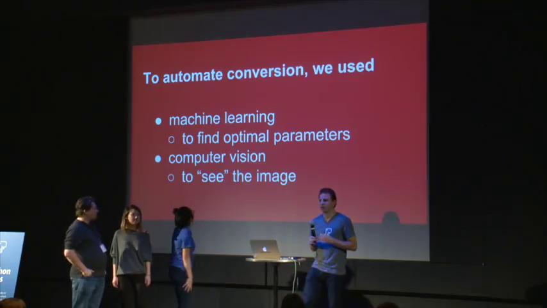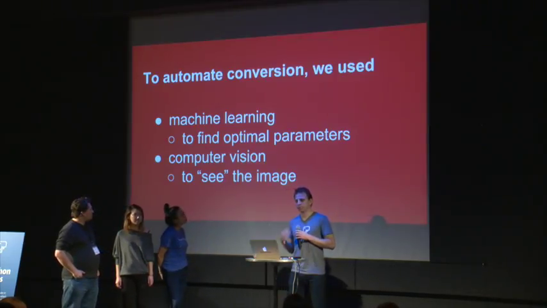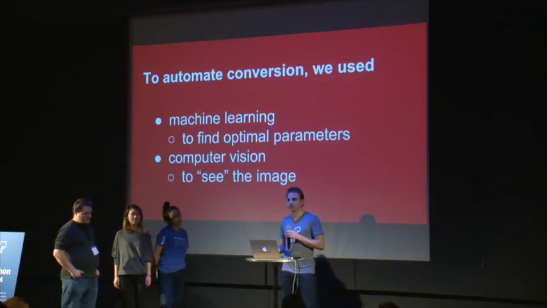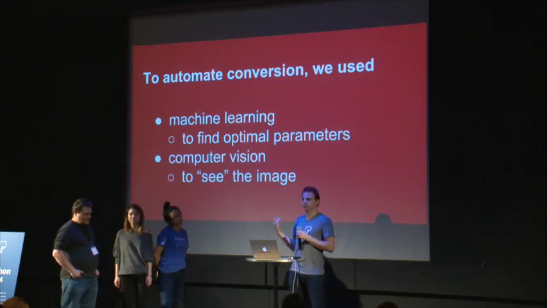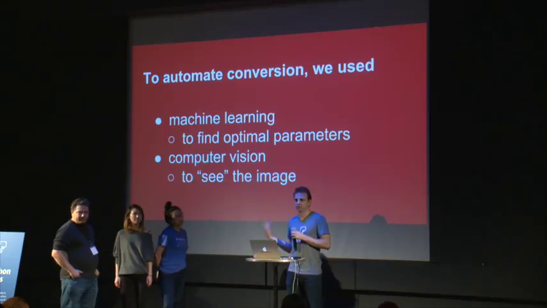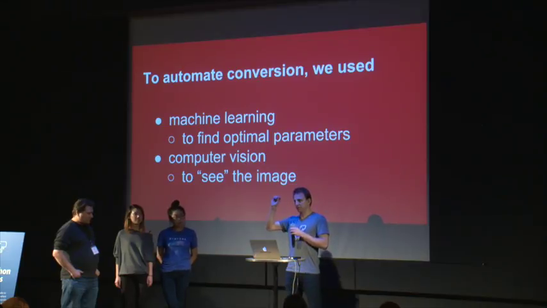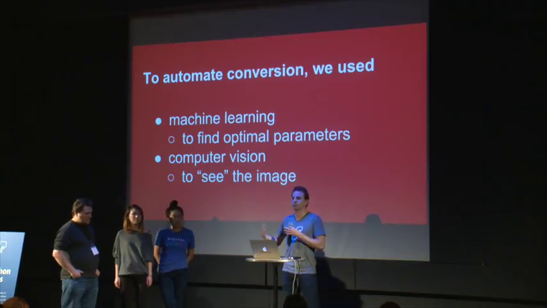To automate the conversion, we used machine learning and computer vision. The primary component was a library called OpenCV, which has a lot of functions already written, which makes things a little easier, but you still have to understand how it works. It takes the individual pixel values of an image, because a computer doesn't see like we humans do.